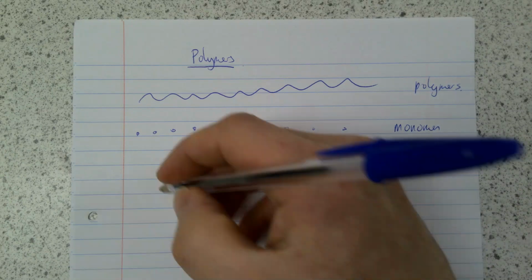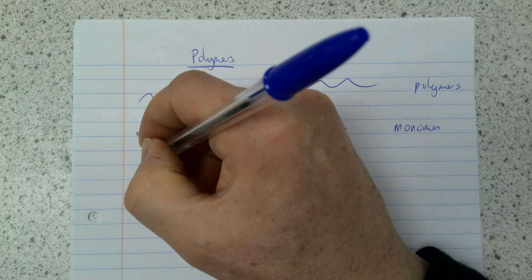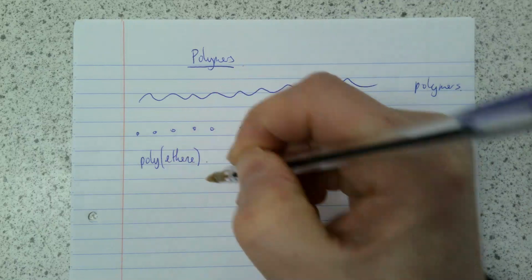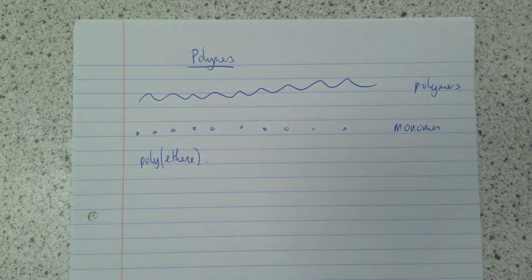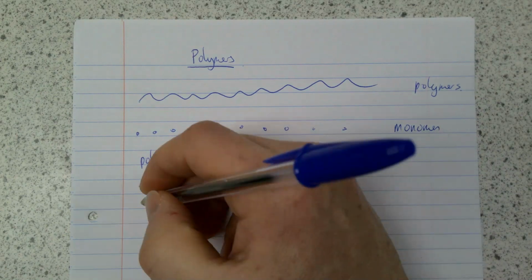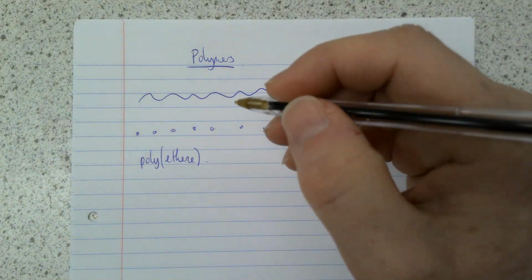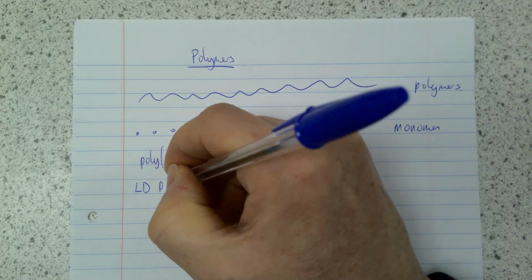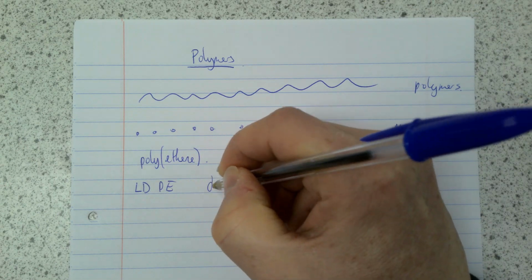You need to know that one of the most important polymers is polyethylene, and we'll look at the structure of that in detail in a bit, but it's made from the monomer ethene that you know how to draw, right? And you need to know, for the resources topic, there are two types of polyethylene. We've got low density polyethylene, so I'll write that out fully as well.